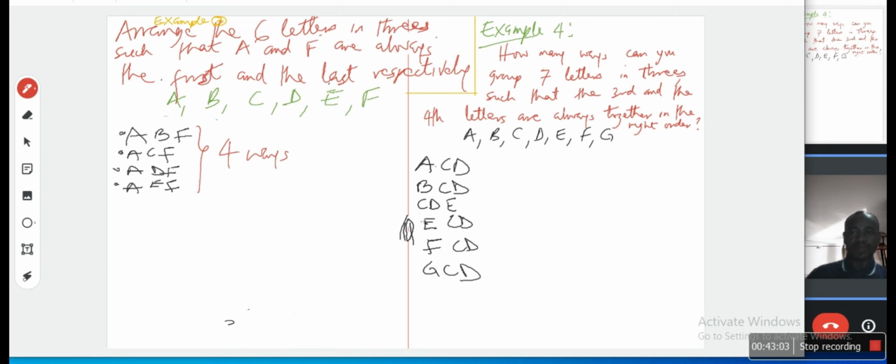The way to do this is, they said the third and the fourth must be together, so it's like pinning them together as one letter. They are now 6 letters. We are considering 1, 2, 3, 4, 5, 6.